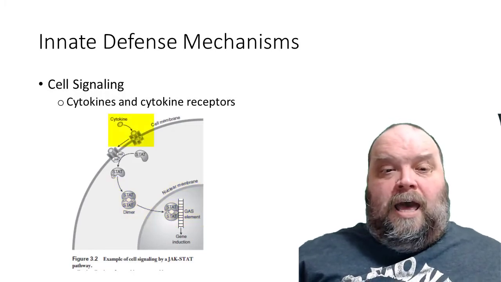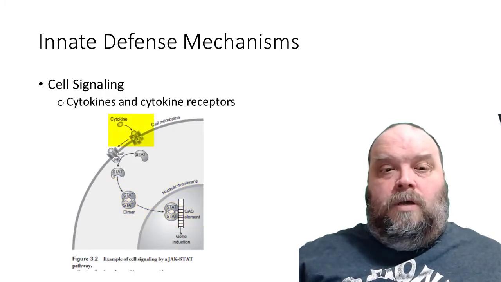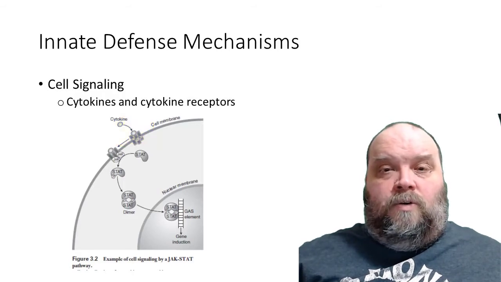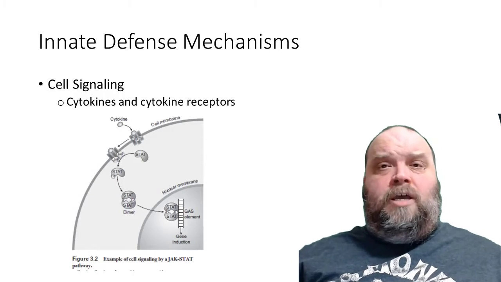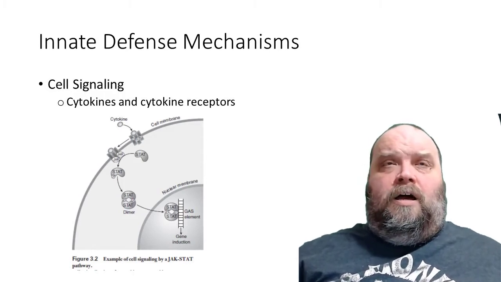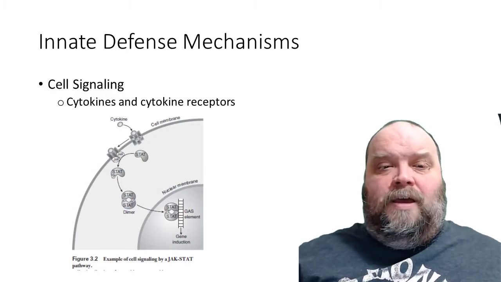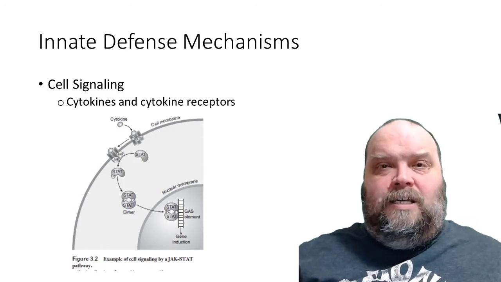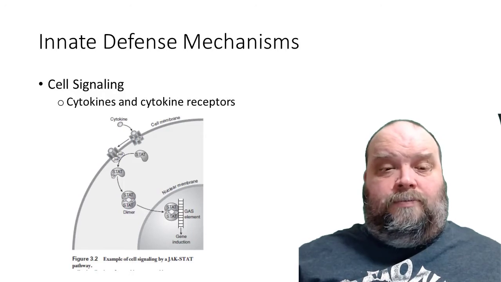You see at the surface, the cytokine binds the receptor, causes the receptor to change shape, triggering the beginning of a signal cascade, a signal pathway in the cytoplasm of that target cell.